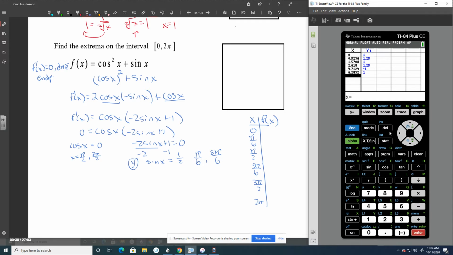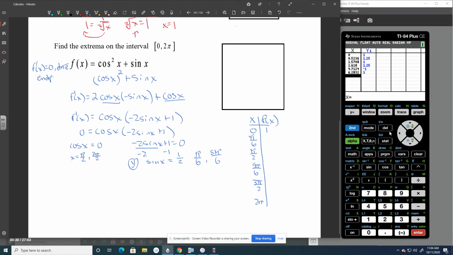So at 0, I'm at 1. At pi over 6, I'm at 1.25. At pi halves, I'm at 1 again. At 5 pi over 6, I'm at 1.25. This is pretty normal for a sine and cosine graph, because they're usually some sort of wave, so I'm not surprised to get the same values more than once.